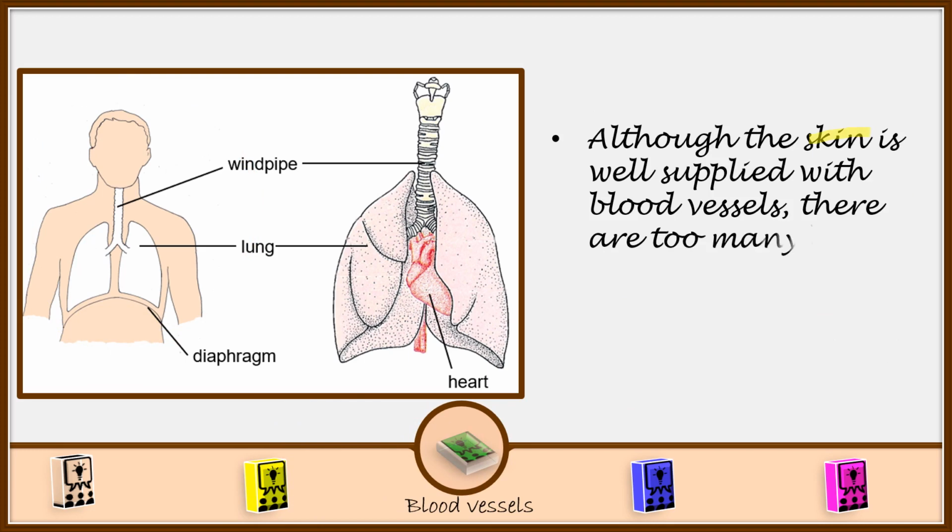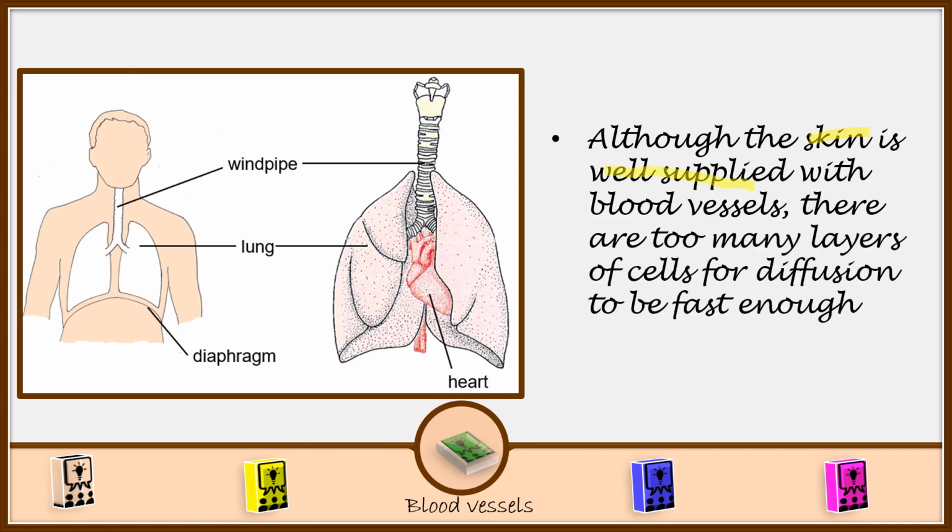Although the skin is well supplied with blood vessels, there are too many layers of cells for diffusion to be fast enough. Let us suppose oxygen were to diffuse through the skin and then enter the lungs.